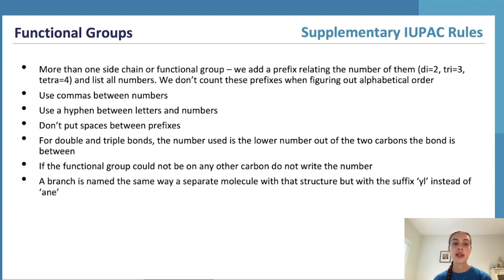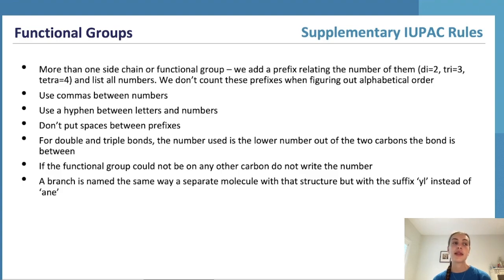The next thing we need to note is that you use commas between numbers. For example, if we've got a methyl group on the second carbon and a methyl group on the third carbon, you'd say 2,3-dimethyl. That leads to the next point, which is using a hyphen between letters and numbers. Anywhere where you separate the numbers from the letters, you're going to have to put a hyphen.